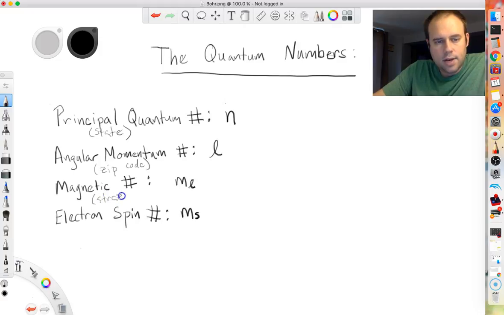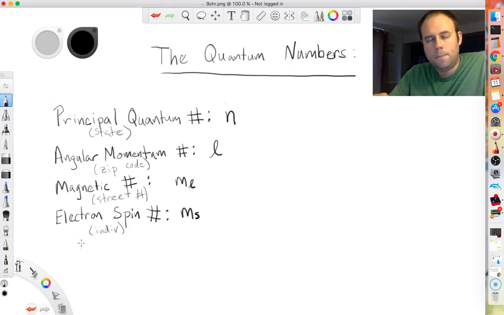So on that street, now we're narrowing it down, so the street number. And then this would be the individual that lives there, right? Because we're going to have multiple people that could live in a household. So in the case of electrons, there's always two electrons per given orbital, and those would be represented down at the most basic level of the electron spin here.